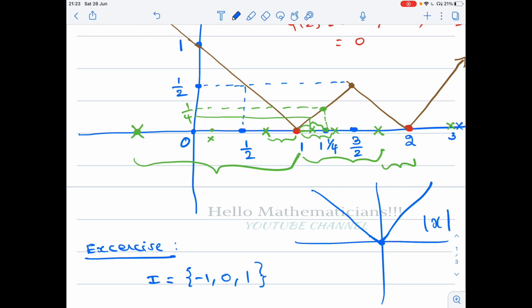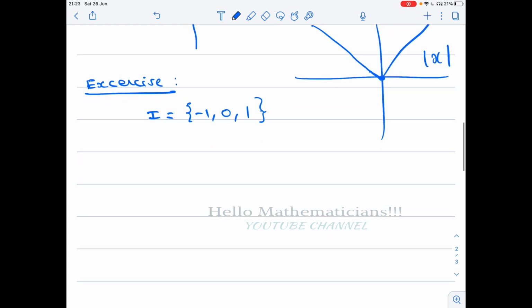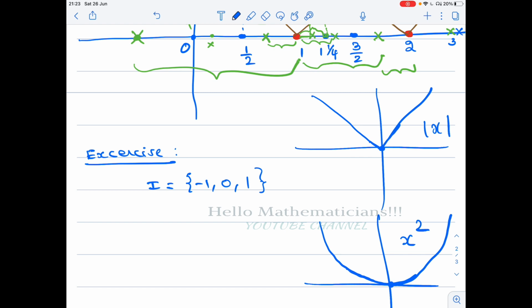That is why it is not differentiable at 0. But rather, if you look at x square, it will be very smooth. It just goes like this and smoothly goes up. So x square is differentiable at the origin. But mod x, you will have this, it is a straight line. This is a straight line. Two straight lines joining at a point. So there is a sharpness here. Okay, that is why mod x is not differentiable.